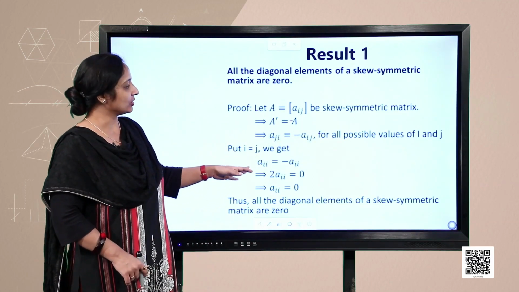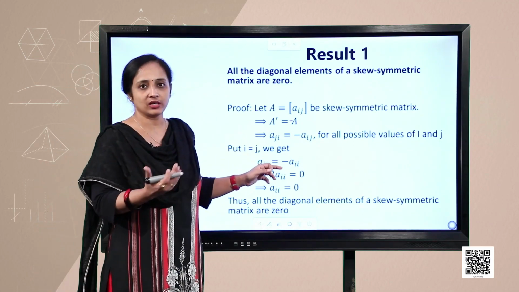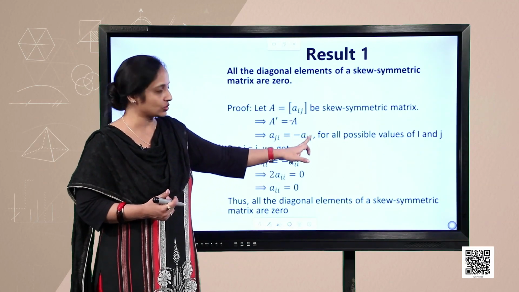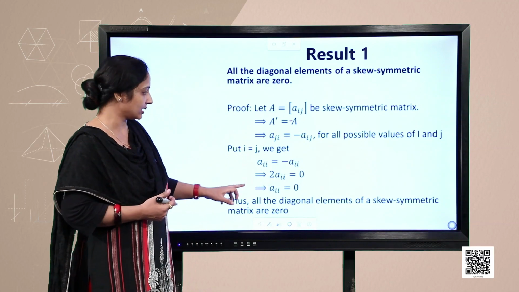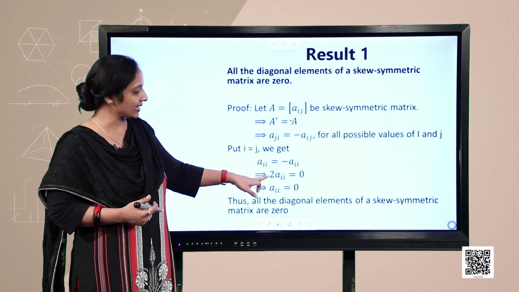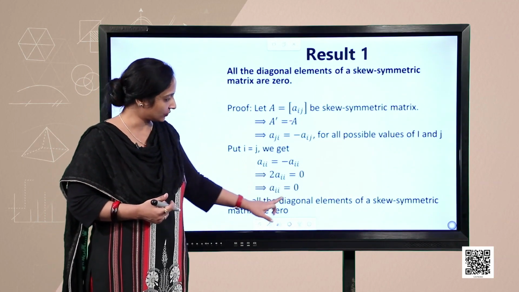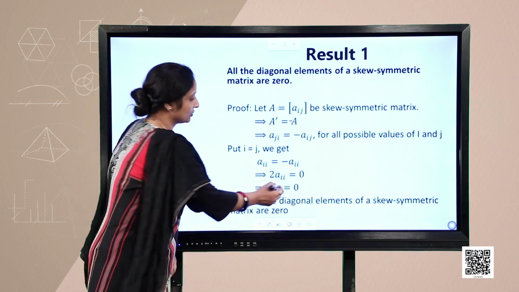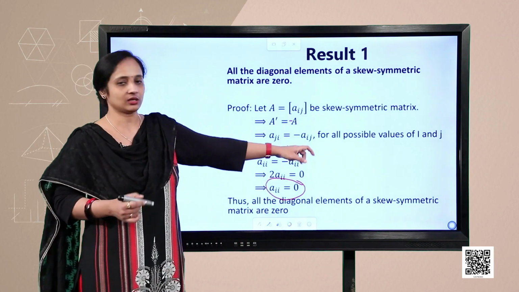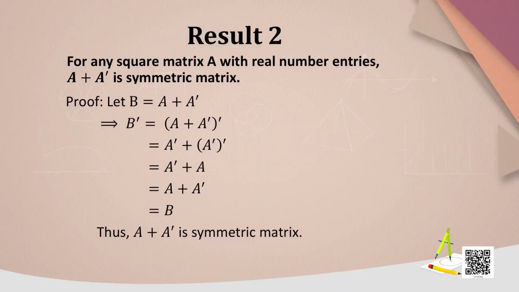So put i equal to j, that means I am talking about just diagonal elements like a11, a22 and a33. So you get aii is equal to minus aii. So, shift this to this side, it becomes twice aii is equal to 0. This gives you that all the diagonal elements are 0 in the case of a skew symmetric matrix.